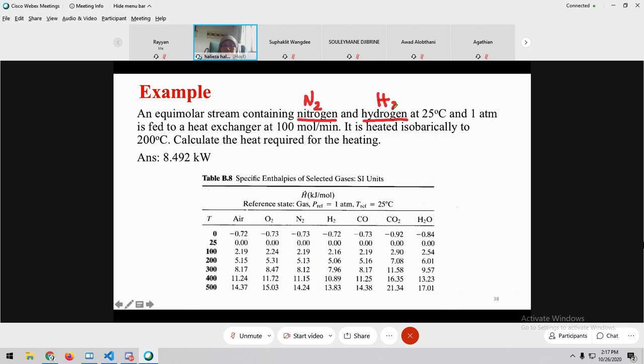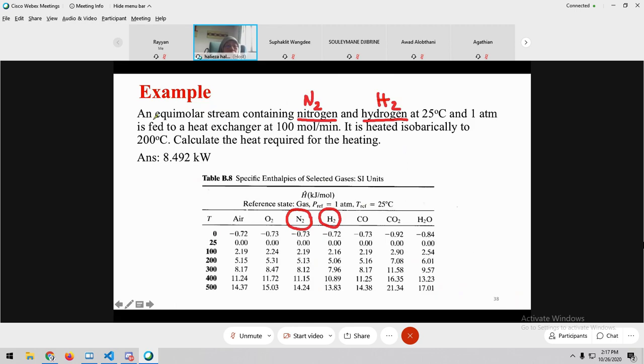So if they have similar structure, then you can assume that the enthalpy of the mixture is similar to the pure components. The enthalpy of this mixture, you can sum up using the pure components, nitrogen and hydrogen, just like for that mixture.